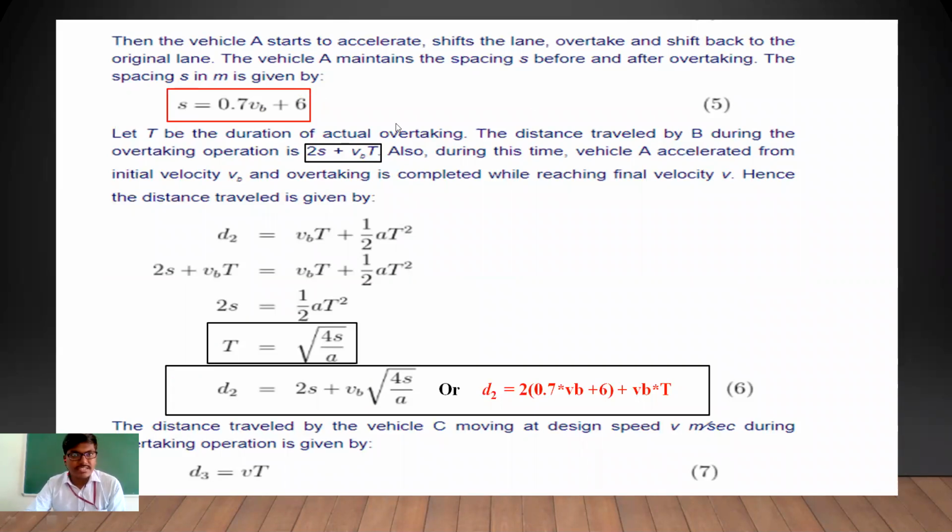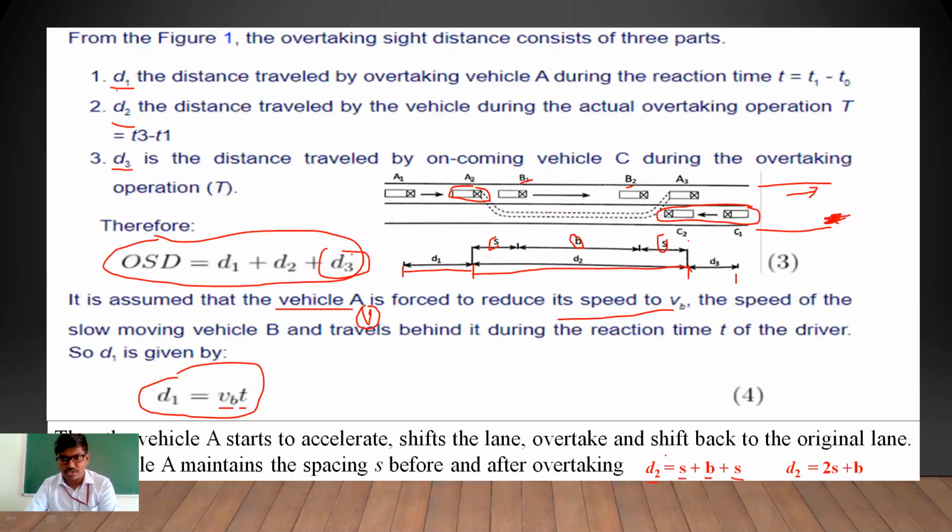There is an empirical formula to determine spacing s, if it is not given. Another formula is for small b, which is equal to VB, the speed of vehicle A while overtaking, into capital T, the time during the overtaking operation. So now you know s and you know b. What is D2? Small s plus b plus small s, from the diagram.